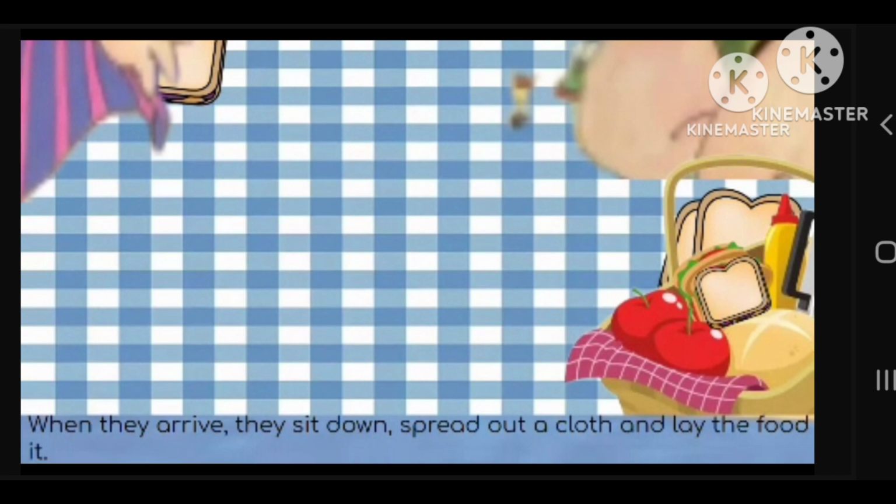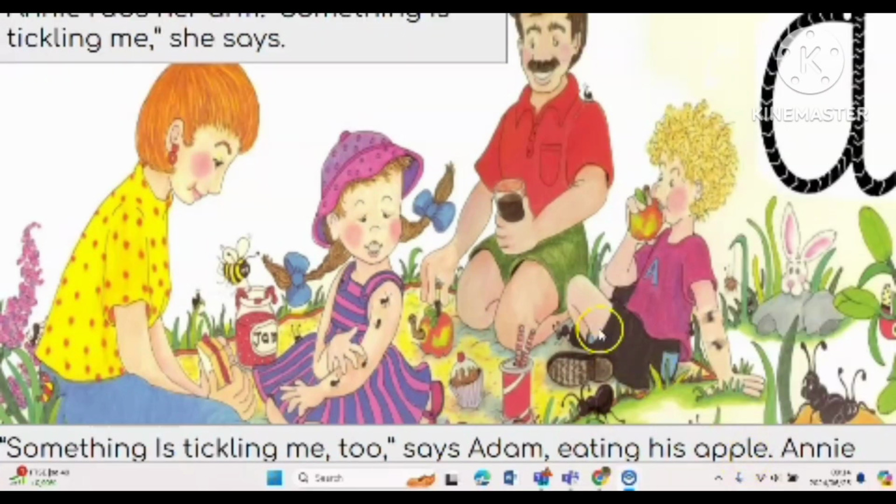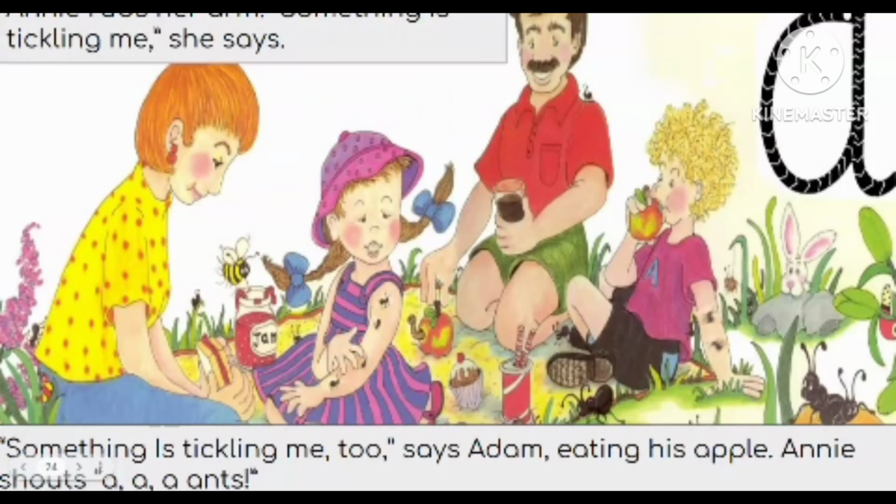When they arrive, they sit down and spread out a cloth and lay the food on the cloth. Annie rubs her arm. Something is tickling me, she says. Something is tickling me too, says Adam, eating his apple. Annie shouts, ants! Ants on my arm, ants on my arm, ants on my arm, they're causing me alarm.